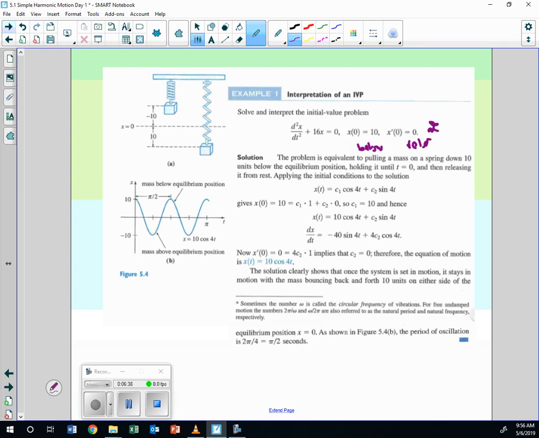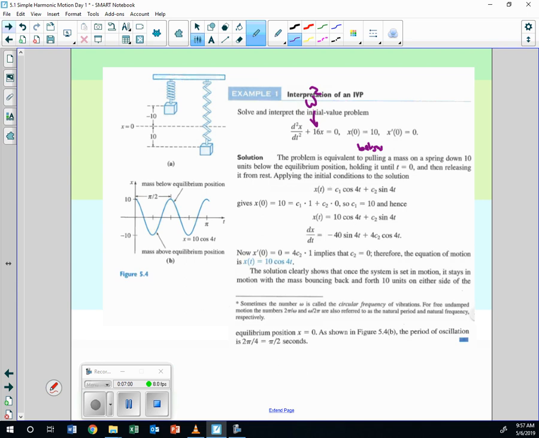So x of t is going to be c1 cosine omega t plus c2 sine omega t. This is going to be omega squared, so omega is the square root of 16, which is 4. So that's what we start with, take the derivative, and then you can find C1 and C2.